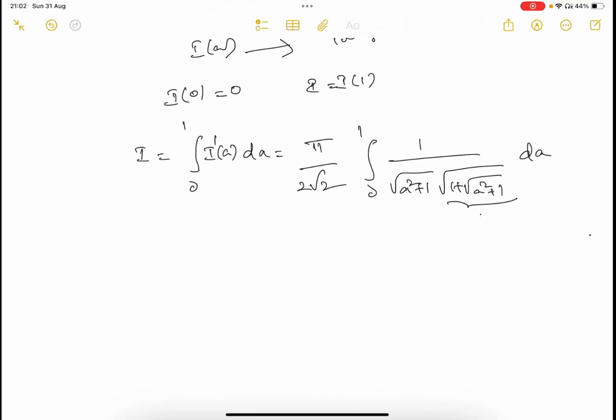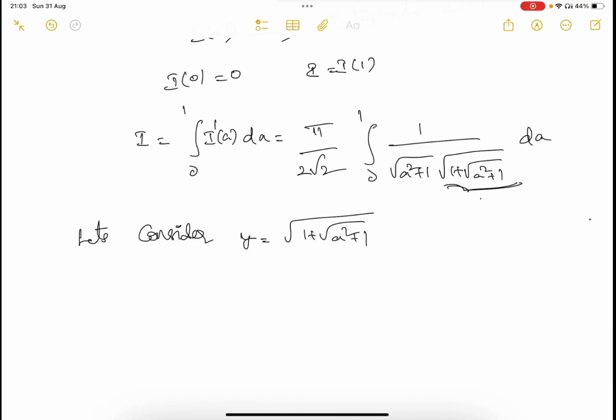Now, to solve this, let's make some substitutions. Let's consider this as y, that is y equal to root of 1 plus root a square plus 1, right? Then what about the limits here?